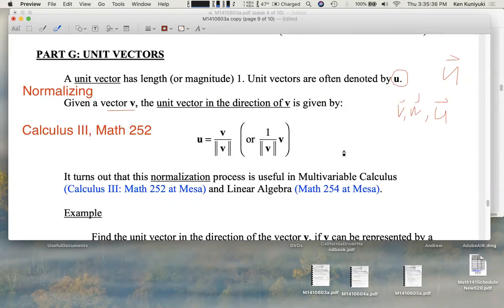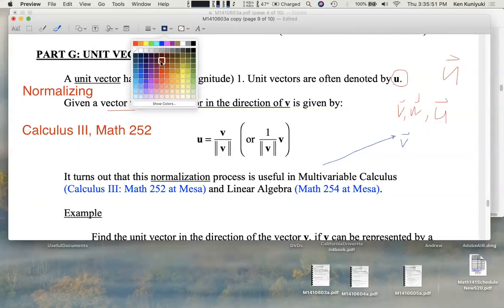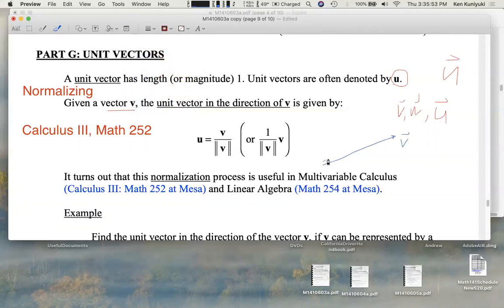So first of all, what's our aim? You're given a vector V, and it may have a length like 4 or 5 meters, let's say, and you want to find the unit vector that points in the same direction.